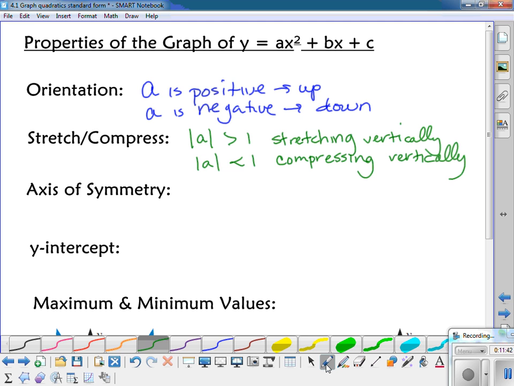So, the good old axis of symmetry. Does anybody remember the equation of that from Algebra 1? It's also out in the very front of your quadratic equation. What do you think it is? No idea? Okay.